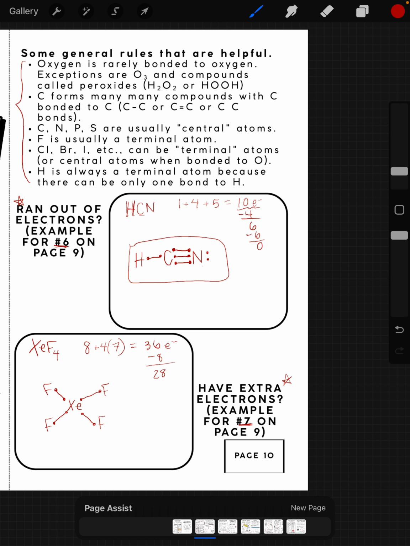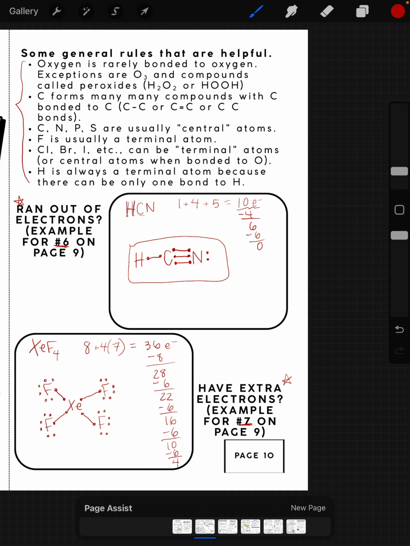Once again, I'm going to go ahead and start filling those octets for the outer atoms. So I'm going to say 1, 2, 3, 4, 5, 6, and then 7, 8, right? So that's 22 left. And then 1, 2, 3, 4, 5, 6, 7, 8. That's 16 left. 1, 2, 3, 4, 5, 6, 7, 8. 10 left. 1, 2, 3, 4, 5, 6.